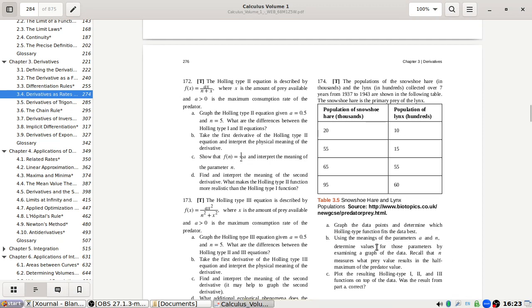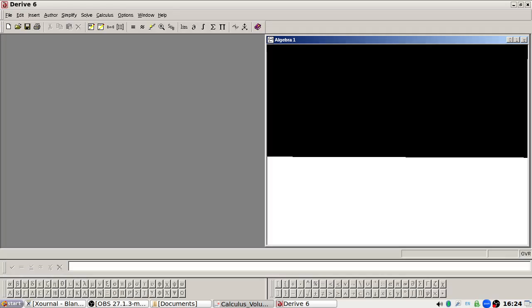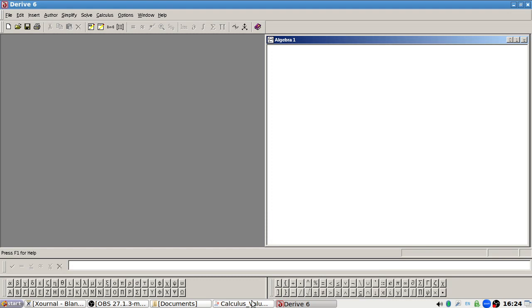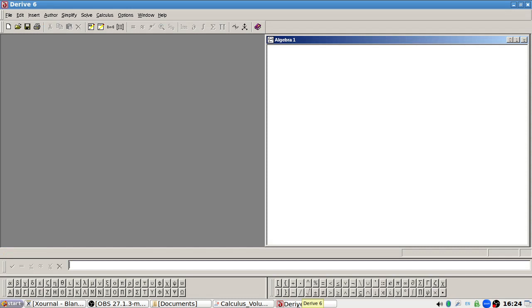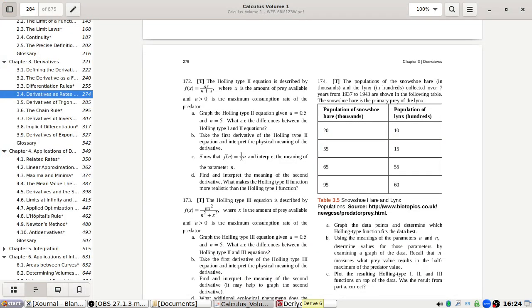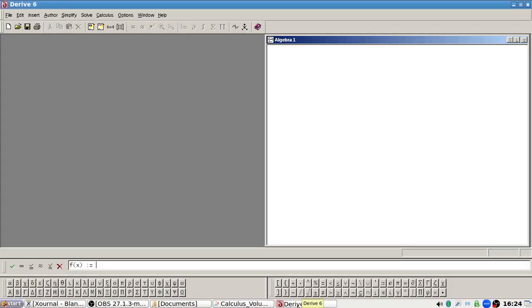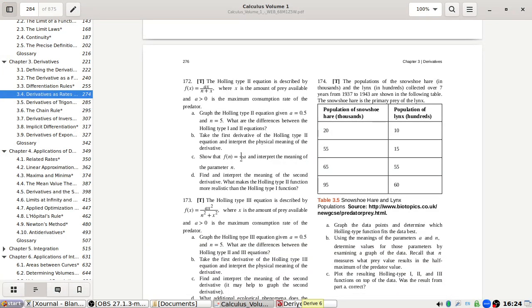Let's see now. The Holling type 2 equation is described by that formula, where x is the amount of prey available and A is the maximum consumption rate of the predator. Okay, graph. Let's make this function. A is 0.5 and n is 5.